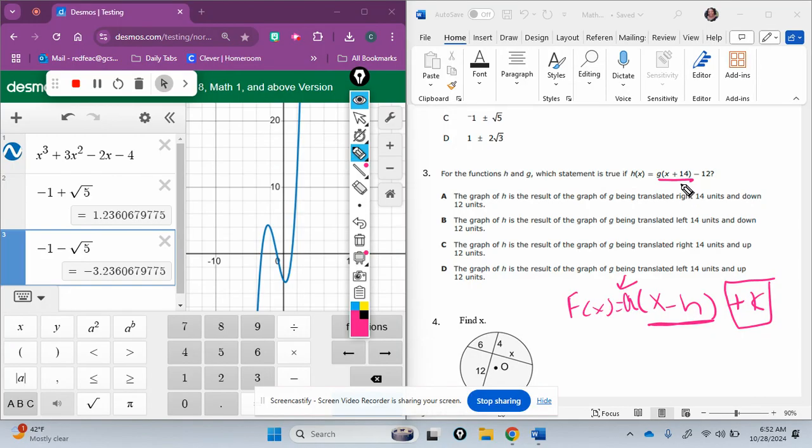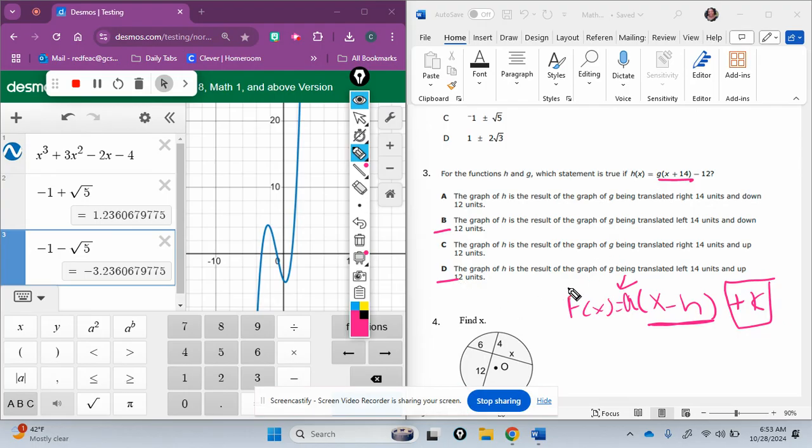Remember the original function has a minus h. So if it's a plus 14, that means that's actually a minus 14, which means it goes in the direction of the negatives on our graph, which means it's going to go left. So looking at our answer choices, which ones tell us it goes left 14? We got B and we got D.